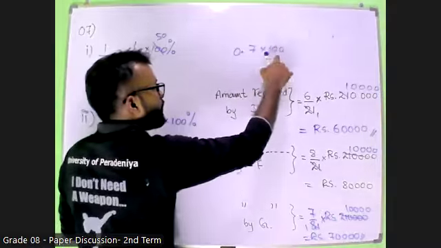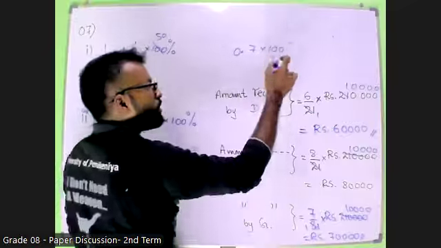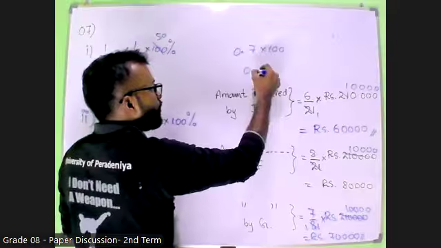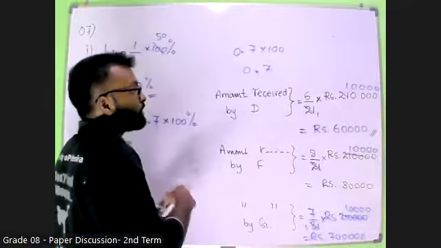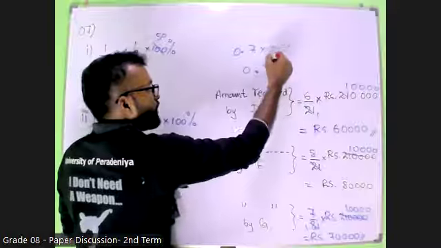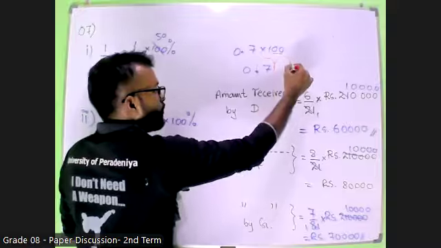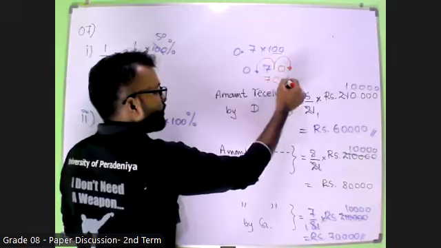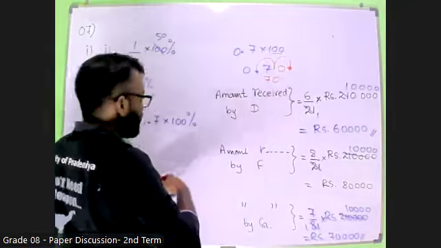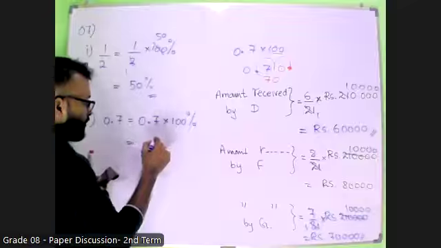How many zeros are there? 2 zeros. Your decimal point is here. So 2 zeros, jump 2 times. 1, 2. So it will be 70%.